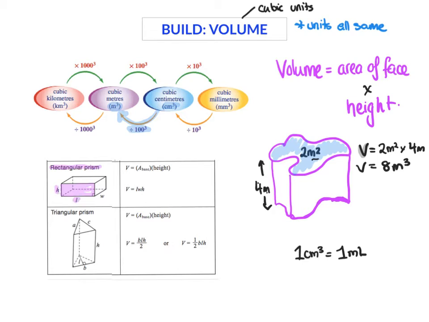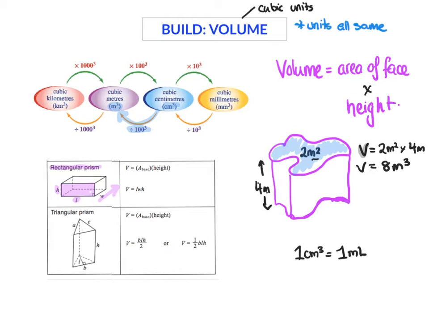So in this diagram, it's called H. So if you found the area of that and then you times it by the height of it, you'd see that you get the volume. So the volume of a rectangular prism is always the length times the width times the height. So you can just multiply the 3 different sides together.